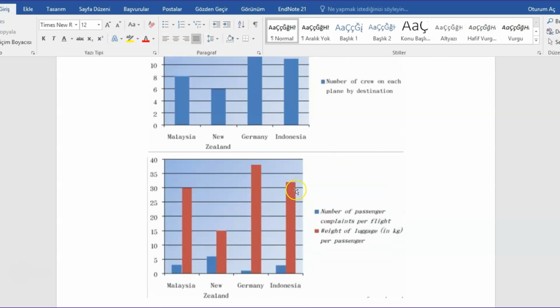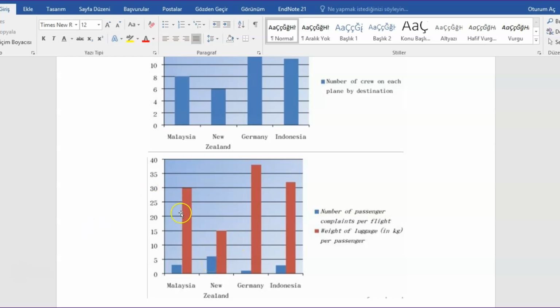Again, Germany, Indonesia, Malaysia, and the least number of passenger complaints is for Germany, and the most is for New Zealand, right?